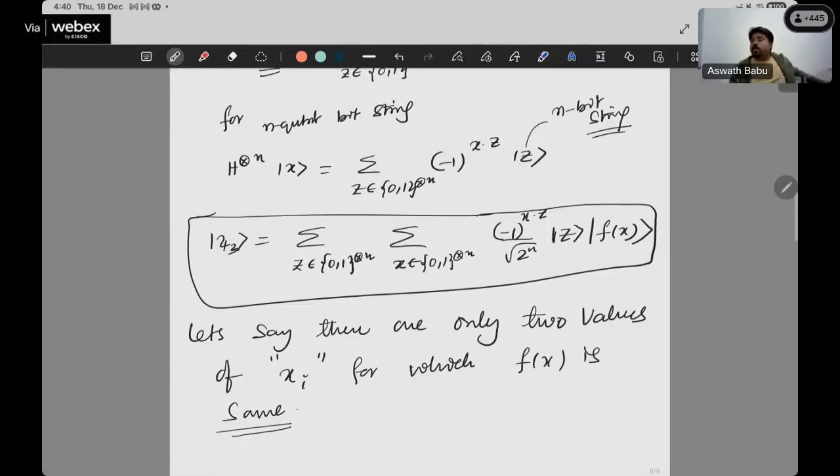For every other case, f of x is something else. Let's say for x1 and x2 it is w. For other cases I'm not worried, because they are different values. Only for two values the function value is common.